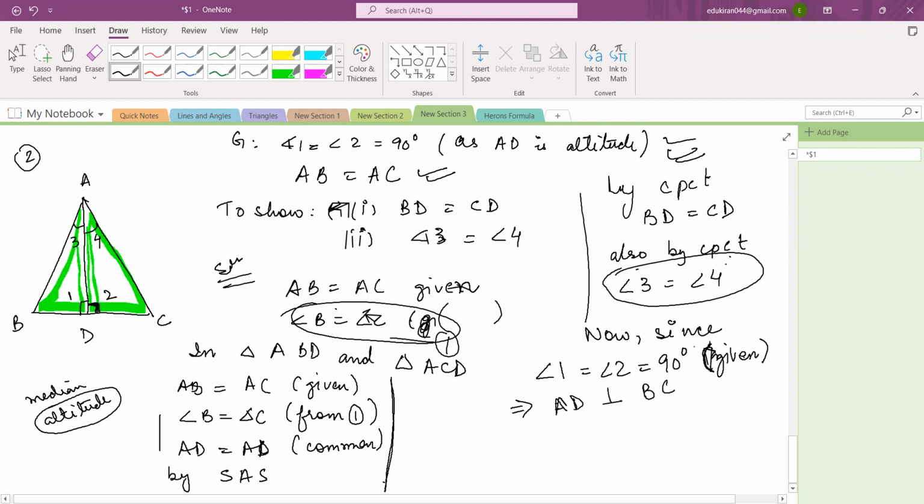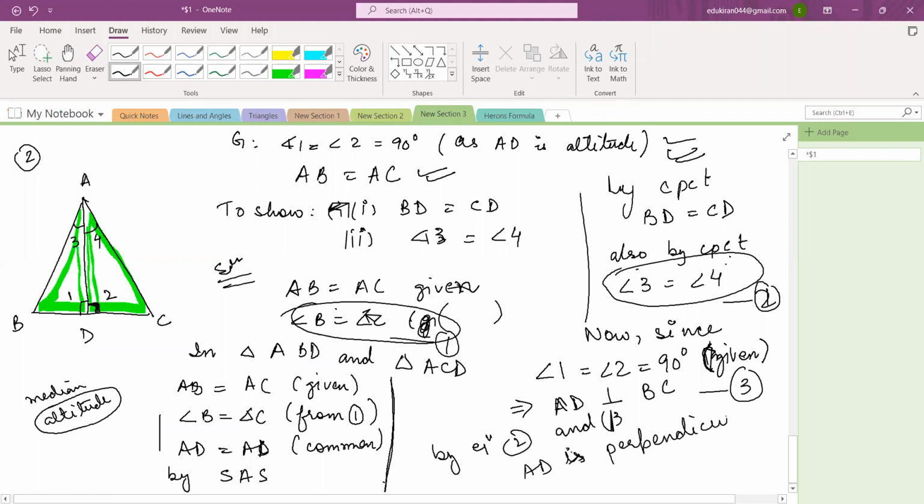So this is my equation number 2 and my equation number 3. So by equations 2 and 3, AD is perpendicular bisector of angle A.